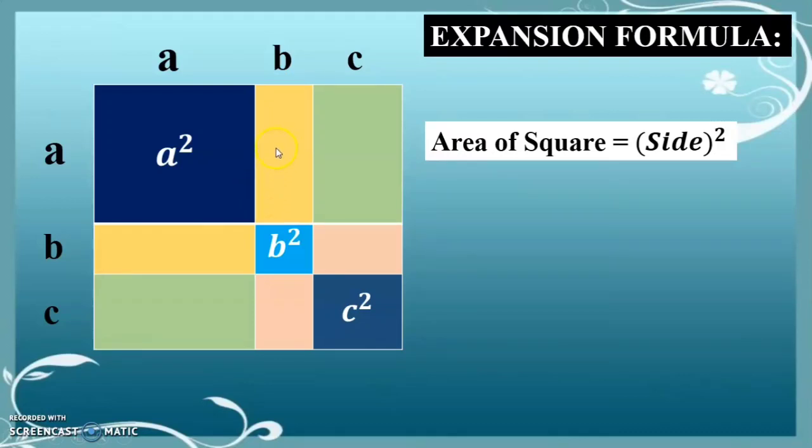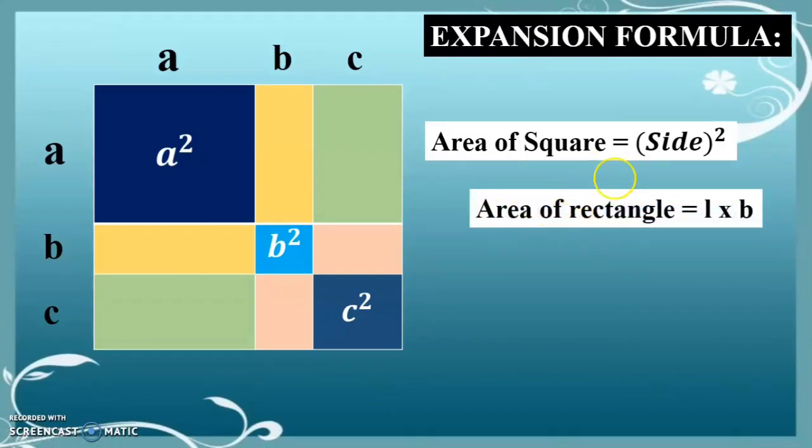As this rectangle and this rectangle have similar dimensions, whose length is equal to a and width is equal to b, by using the area of rectangle formula, which is equal to length into breadth, we get a into b and a into b in this rectangle.